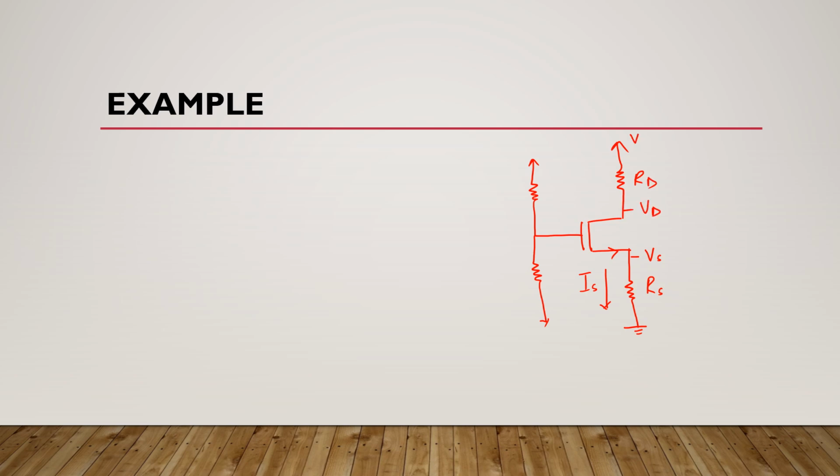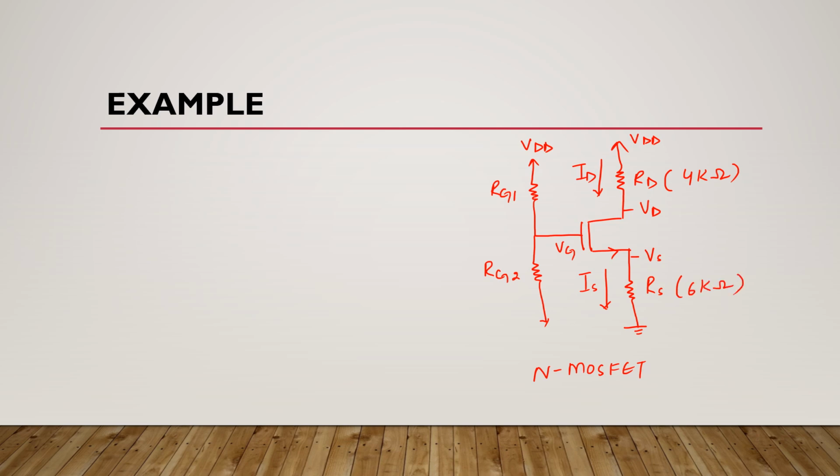Here we have VDD, and here we have gate voltage, with RG1 and gate resistor 2, and this is again VDD. It means it is a voltage divider configuration of an N-type MOSFET. Now suppose this RD is 4 kilo ohms, this is the direction of ID, and this RS is 6 kilo ohms.